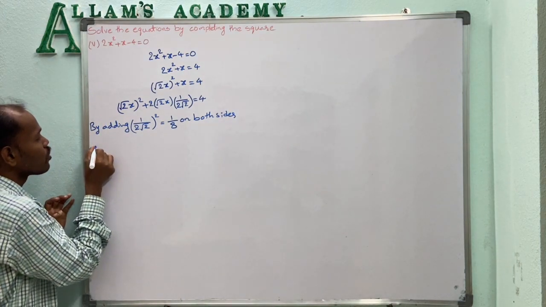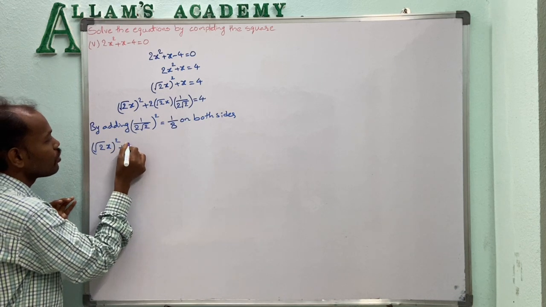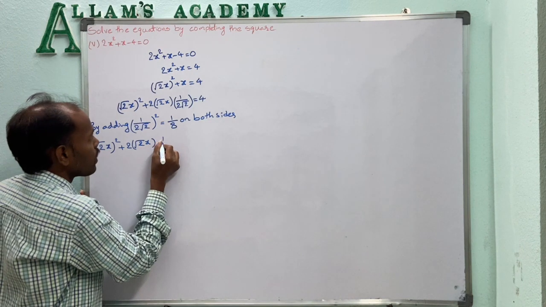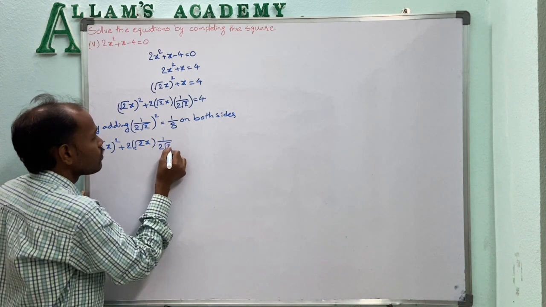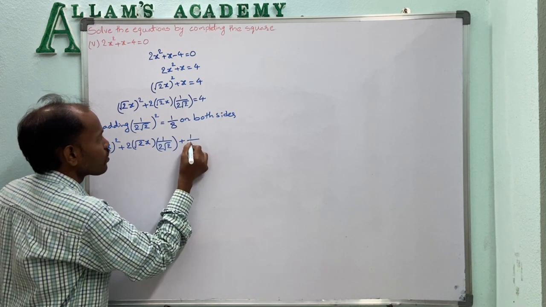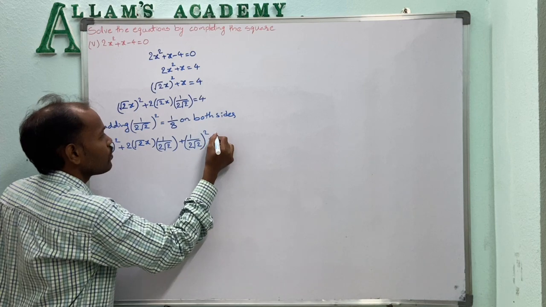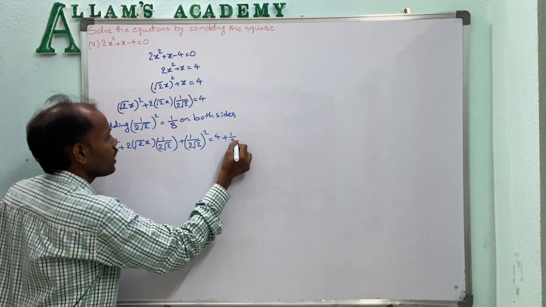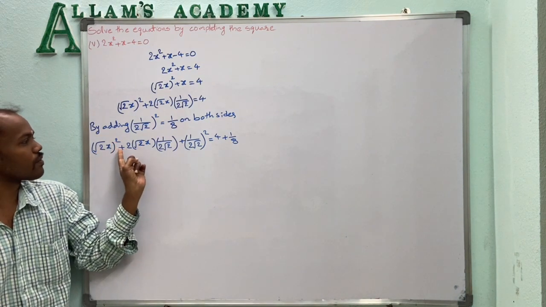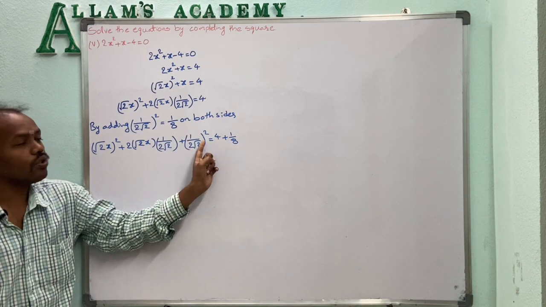Now root 2x whole square plus 2 into root 2x into 1 by 2 root 2 plus 1 by 2 root 2 whole square is equal to 4 plus 1 by 8. Now the LHS, if we observe, root 2x whole square plus 2 into root 2x into 1 by 2 root 2 plus 1 by 2 root 2 whole square.